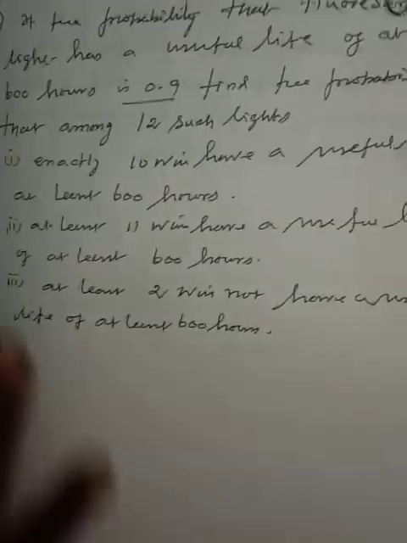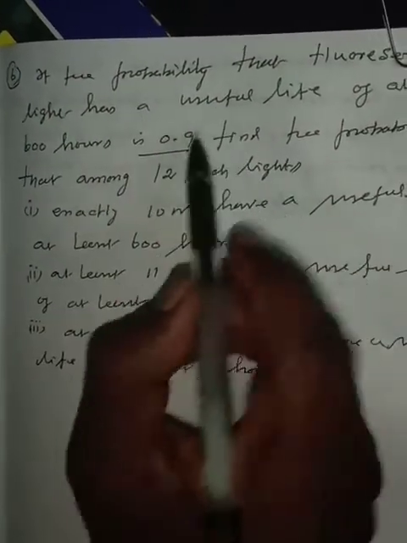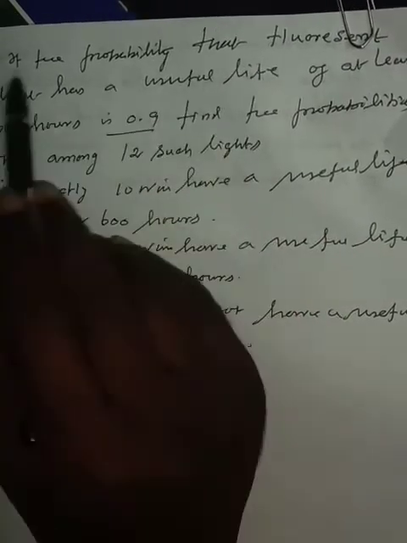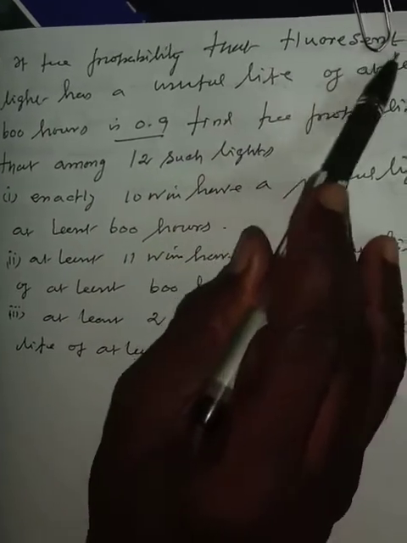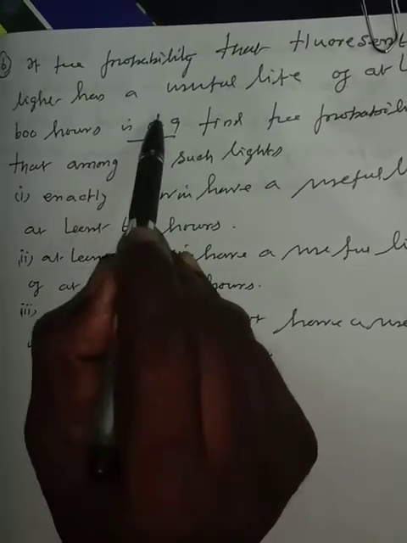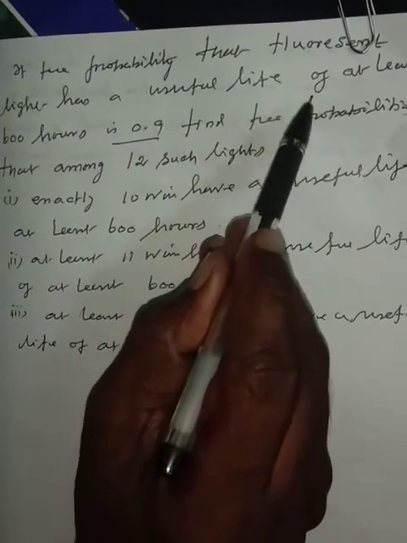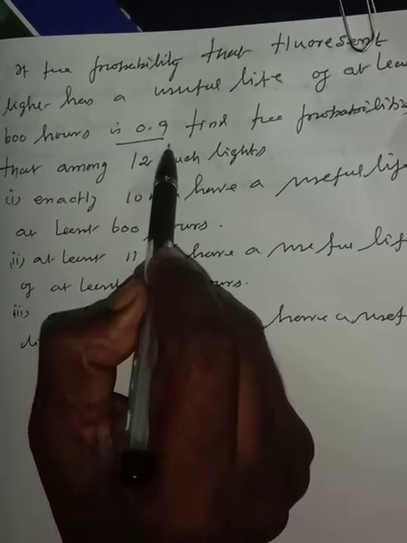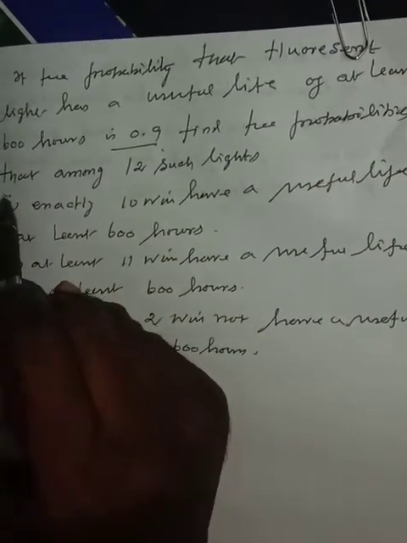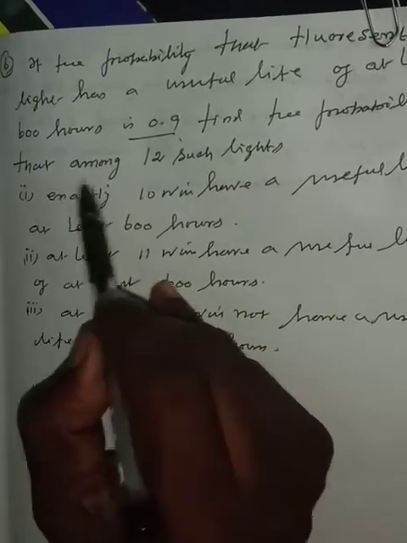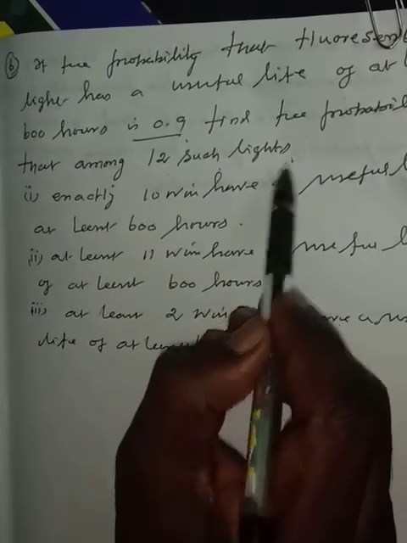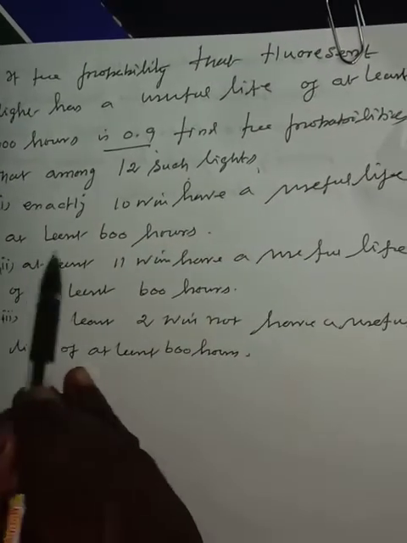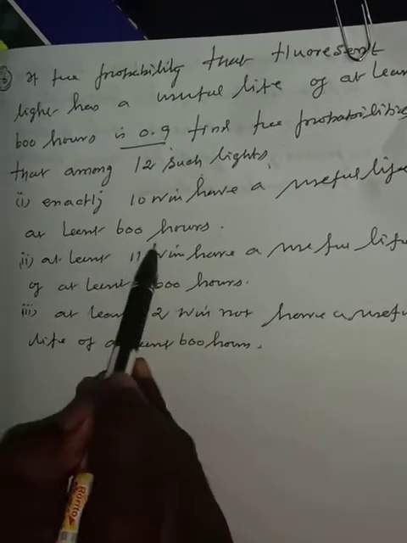Now the next question. If the probability that a fluorescent light has a useful life of at least 600 hours is 0.9, find the probability that among 12 such lights, number 1, exactly 10 will have a useful life of at least 600 hours.